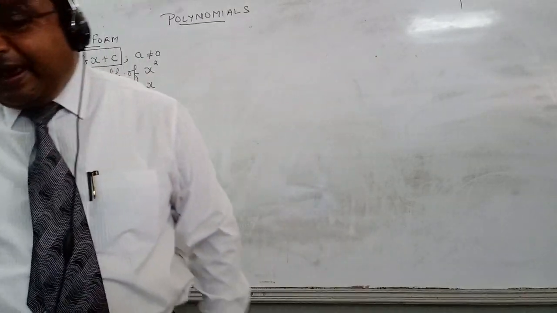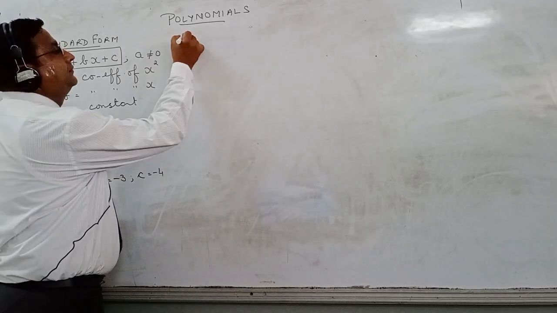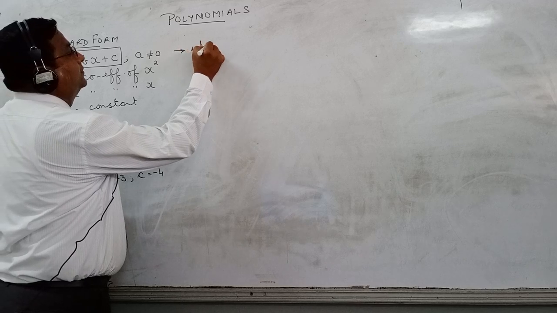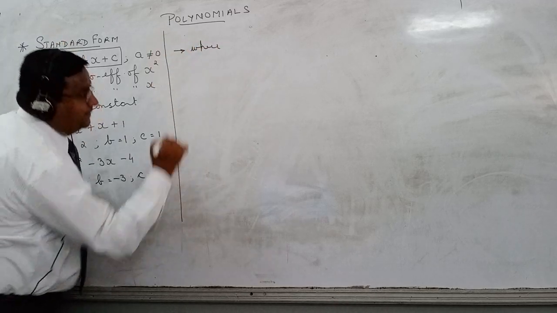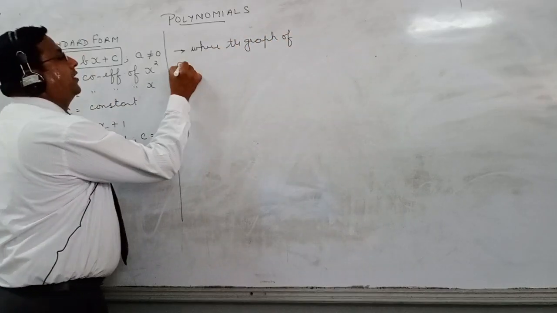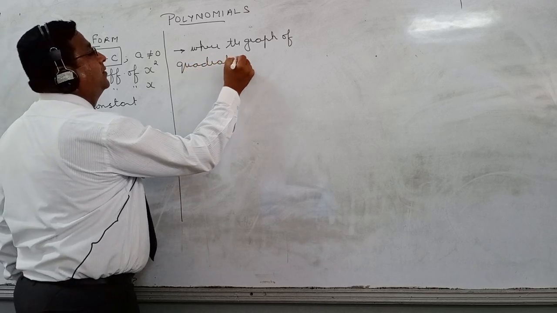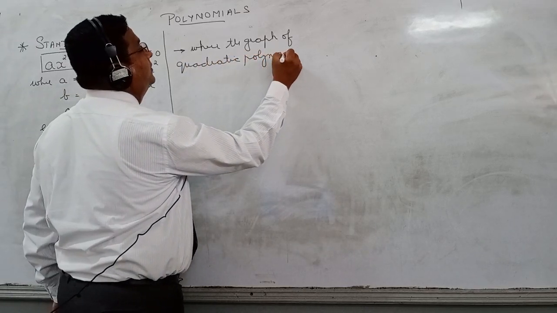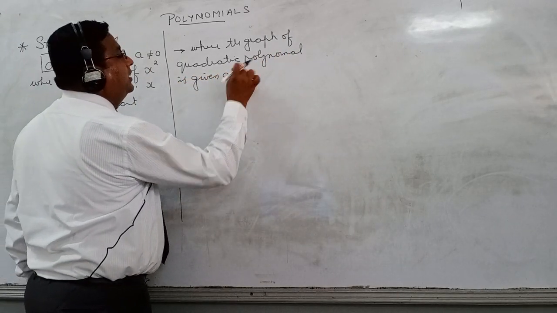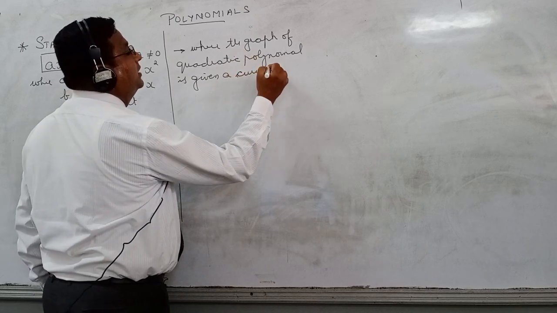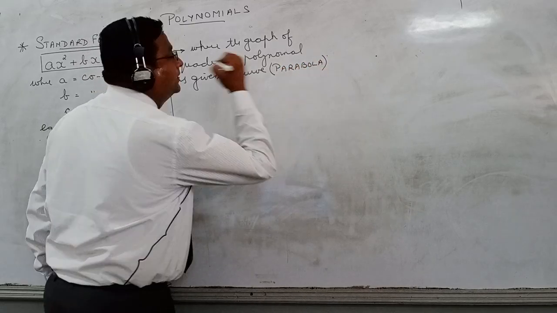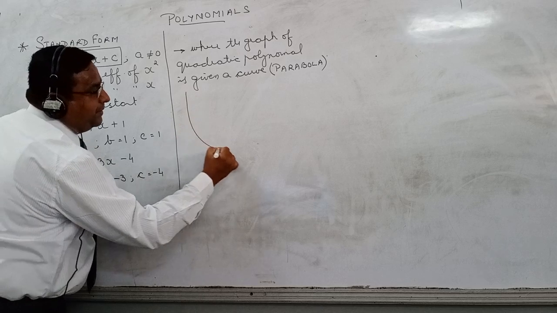On page number 23 of your textbook, the graph of a quadratic polynomial is given by a curve, and that curve is called a parabola. Correct? And this is the shape of the parabola.